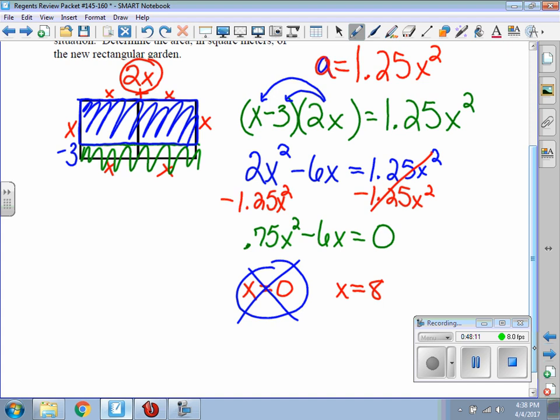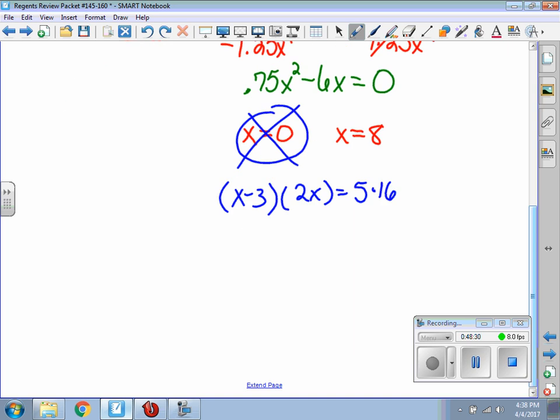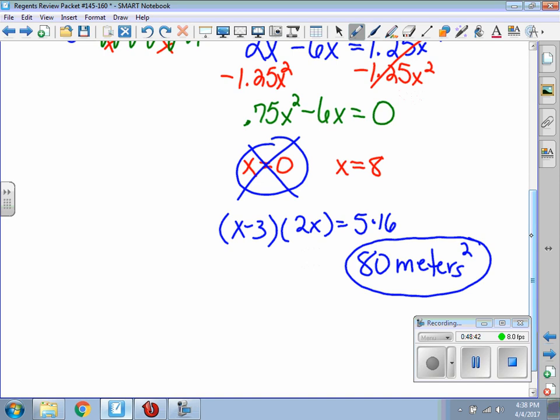Well, the new garden has a length of x minus 3 and a width of 2x. 8 minus 3 is 5. 2 times 8 is 16. 5 times 16 is 80 square meters. 80 meters squared. This was a difficult question, and it's supposed to be because it's a 6-pointer. But different pieces of it you could get partial credit on.